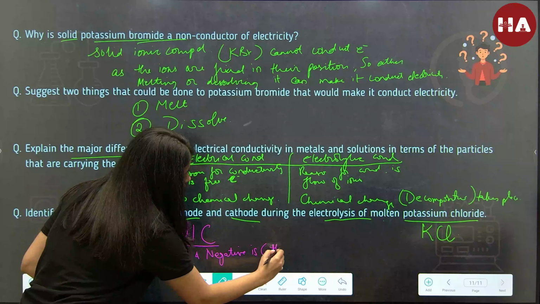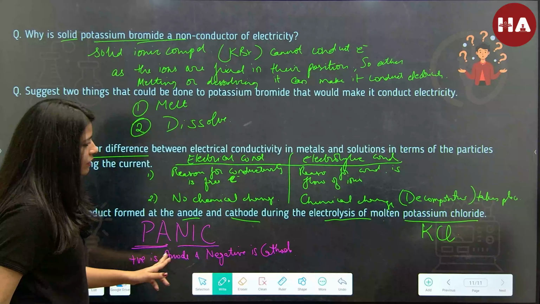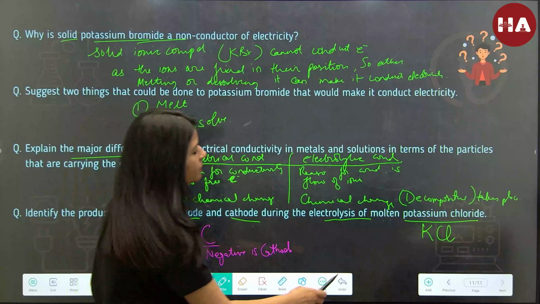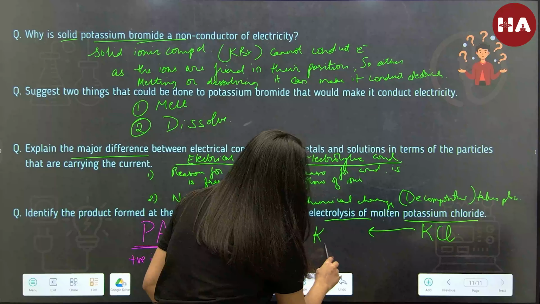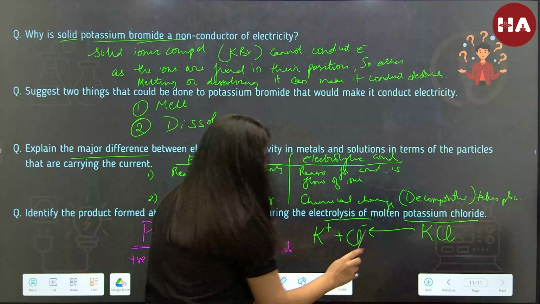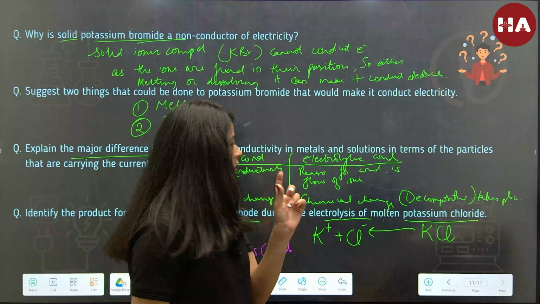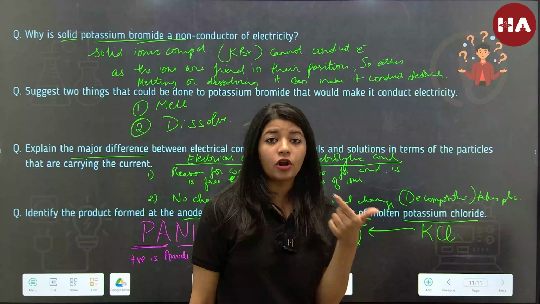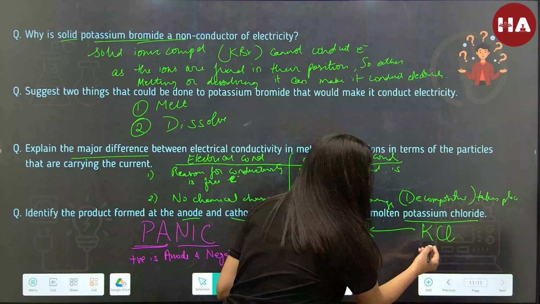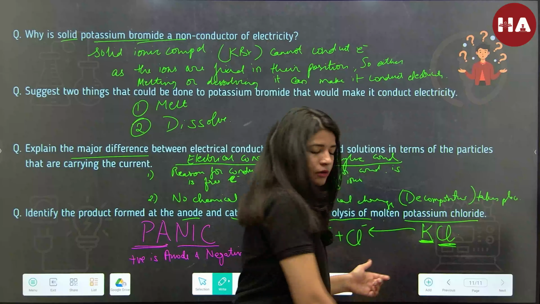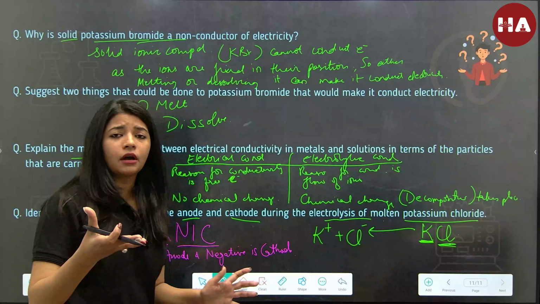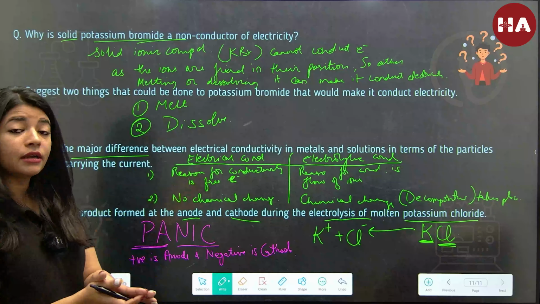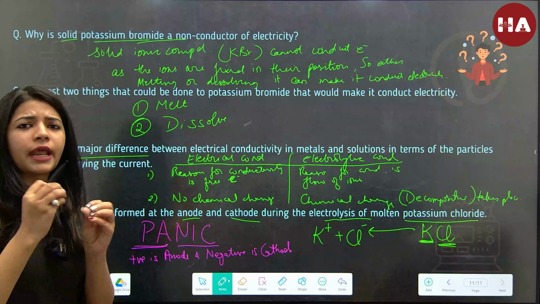Now we know the charges of the electrodes. So we can say the positive ion. What is the positive ion in KCl? K plus and Cl minus. So whatever substance or element we are writing first is actually a metal or a positively charged species. So this will be positively charged species, this is negative. Whatever we are writing at the end, that is your non-metallic species or a negative species.